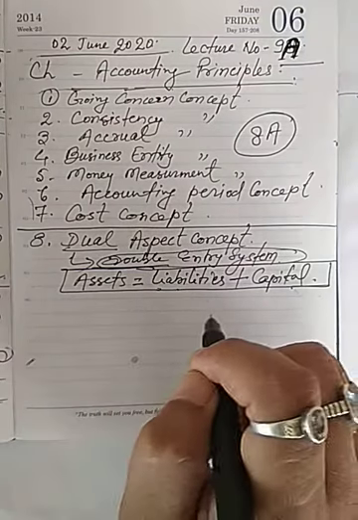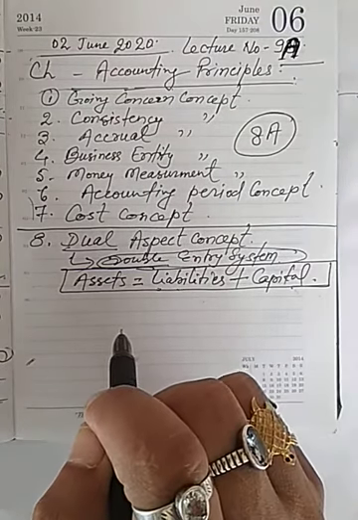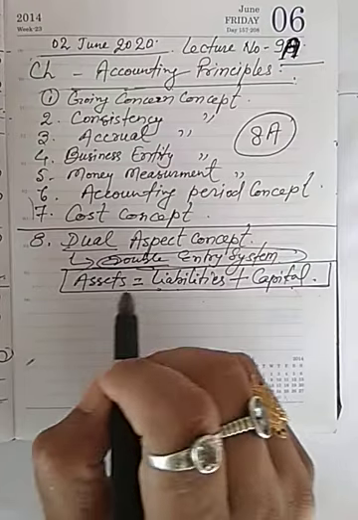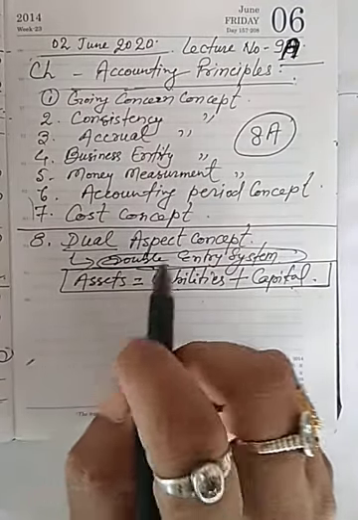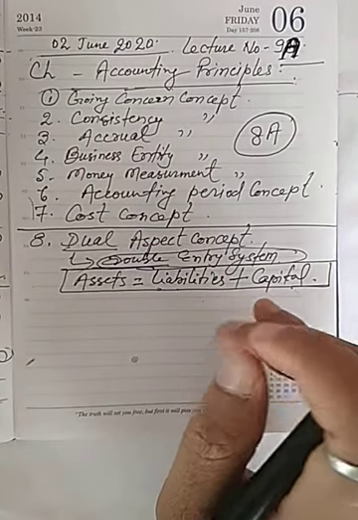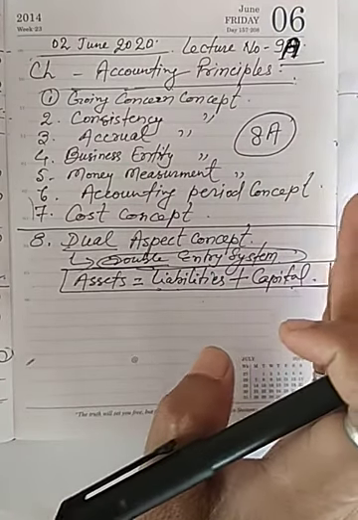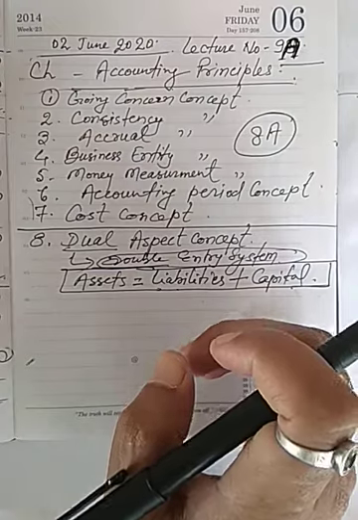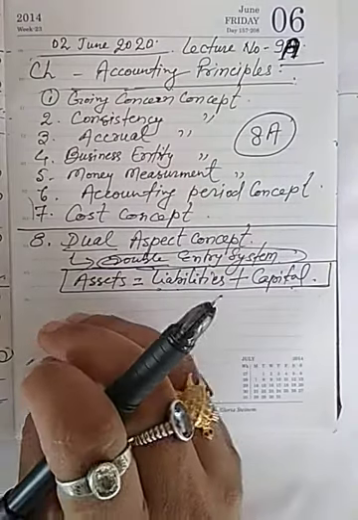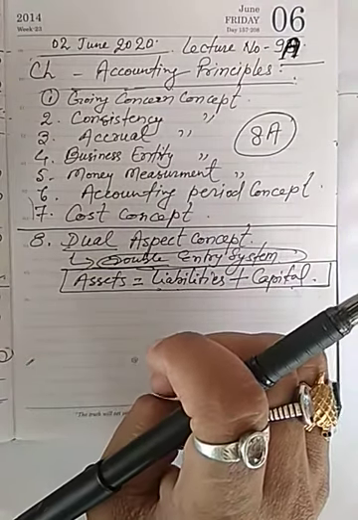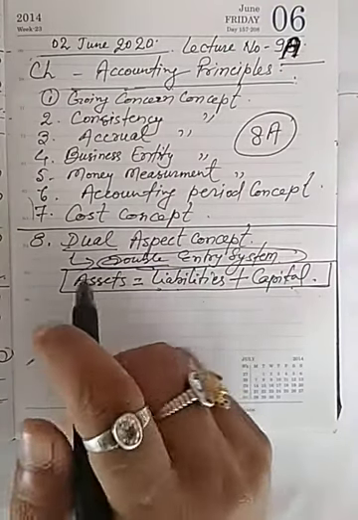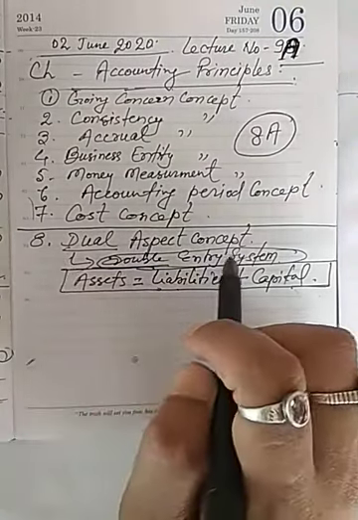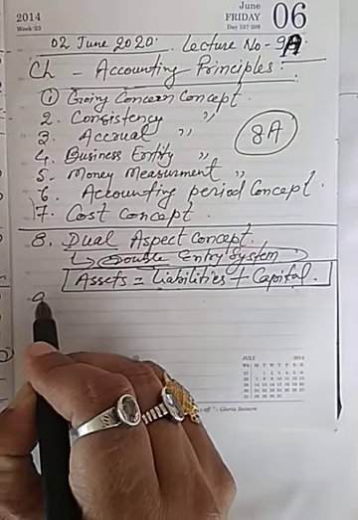If a transaction affects one side of the equation, it will also affect the other side of the equation, increase or decrease. So this is called dual aspect concept.